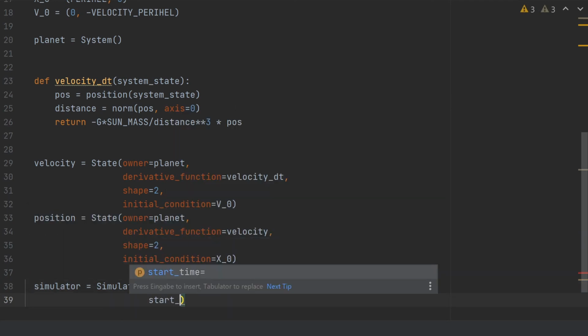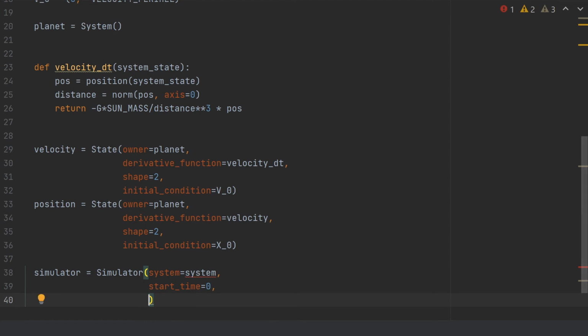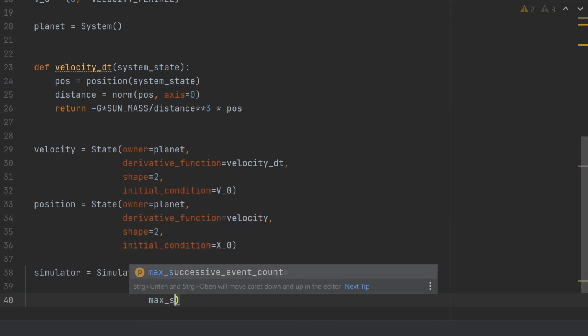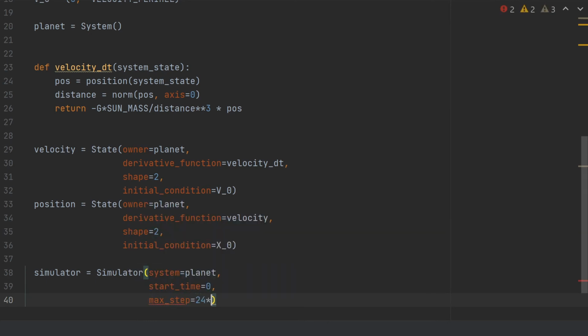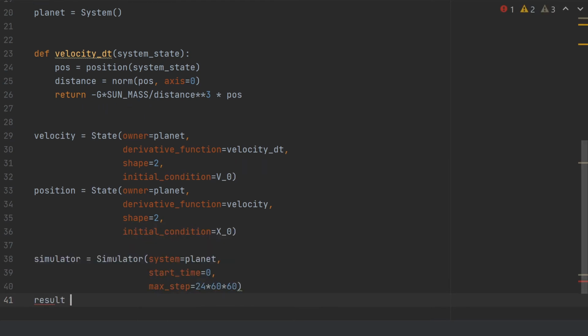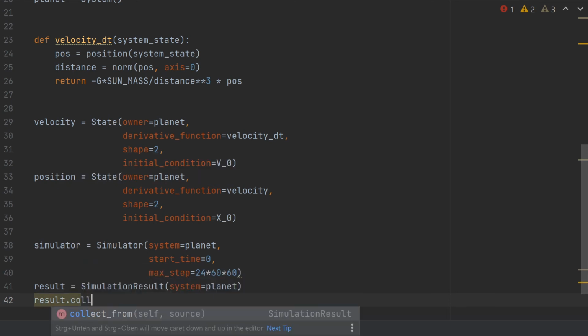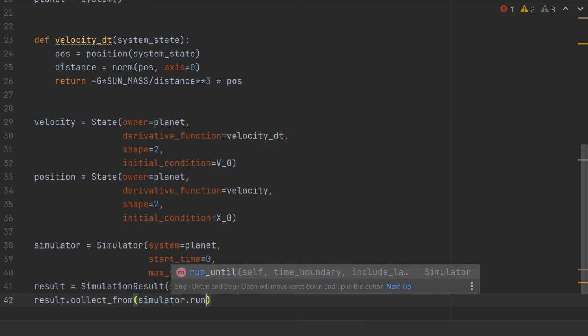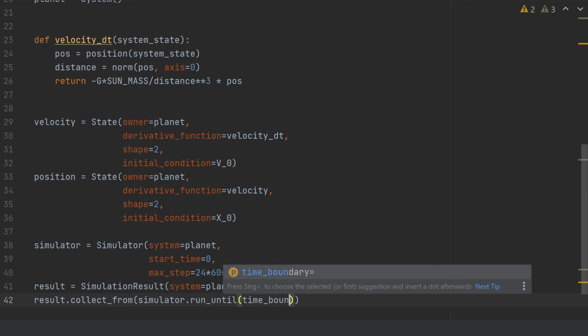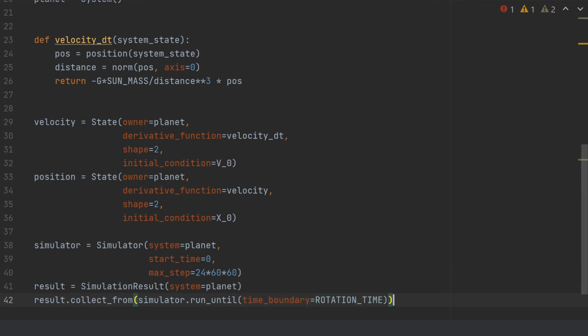We start at time 0, and I will specify a maximum step time of a day. We'll get our result here. And we will run for a complete rotation.